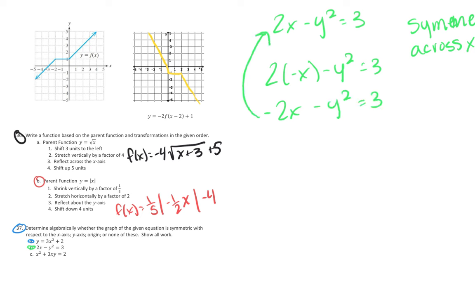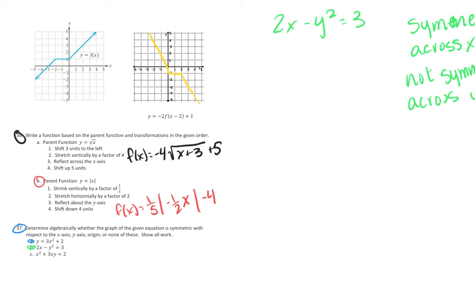And that is not equivalent to our original function, so it is not symmetric across the y-axis. So again, to see if it's symmetric across the origin, we're going to plug in a negative x and a negative y.